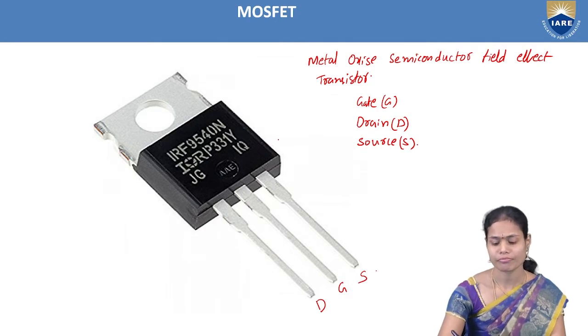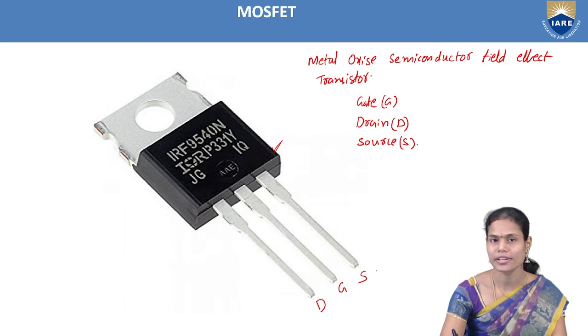This is the MOSFET chip available in the form of an IC, one of the types of the MOSFET. MOSFET is nothing but an electronic device. It is a voltage control device, we can say. Why?